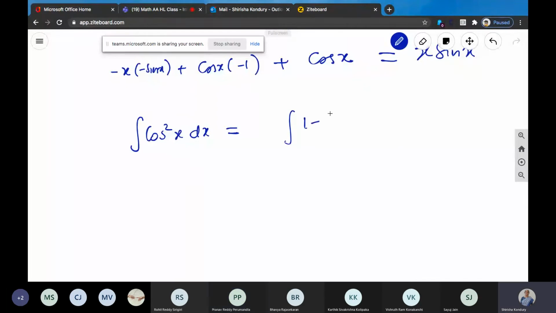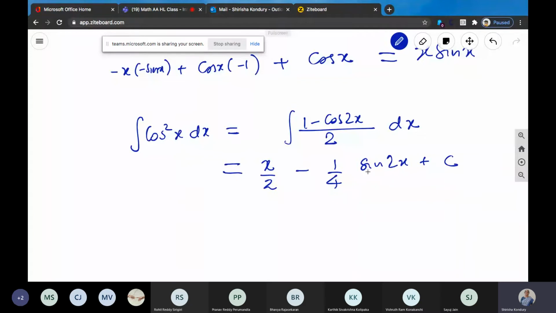So I wrote this as 1 plus cos 2x upon 2. And then I solved it, right? So I got x by 2 plus 1 by 4 sine 2x plus c. That was my answer.